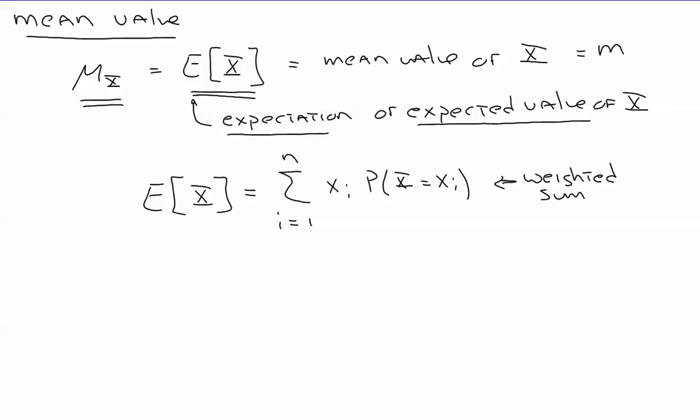The expected value of a random variable, in this case we're assuming that x is discrete. What we do is we add up the product of each value, little x sub i, times the probability that my random variable takes on value little x sub i.